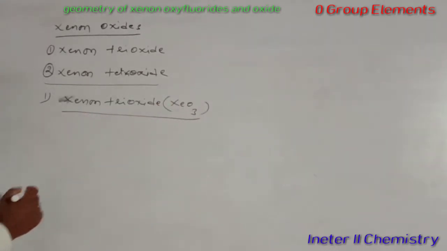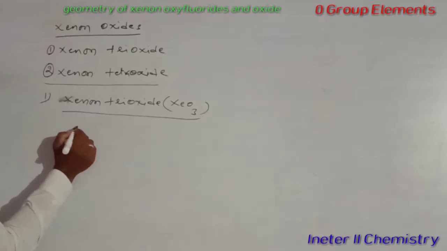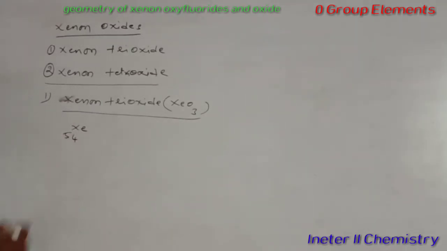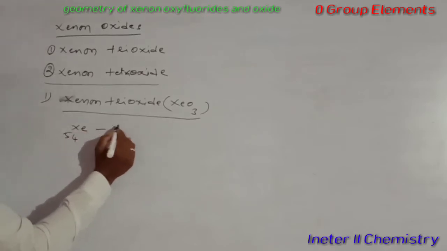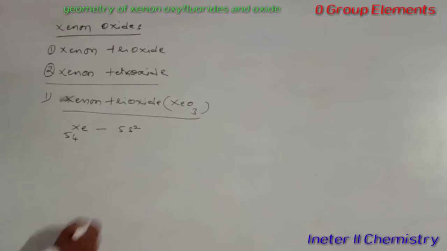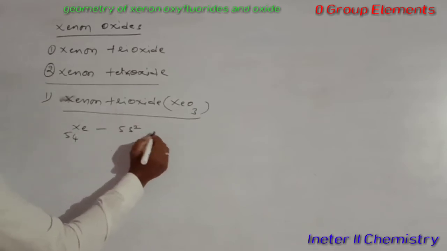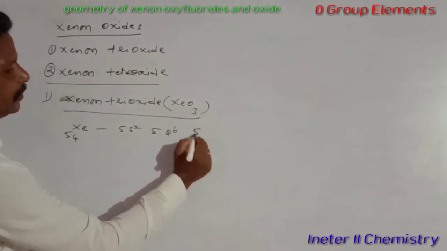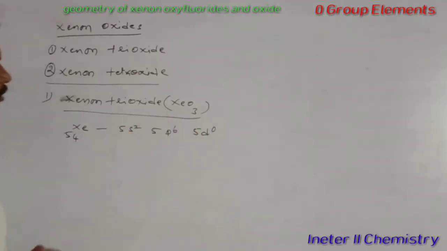In xenon trioxide, xenon is the central atom. The atomic number is 54. The outermost electron configuration is 5s2 5p6 5d0.